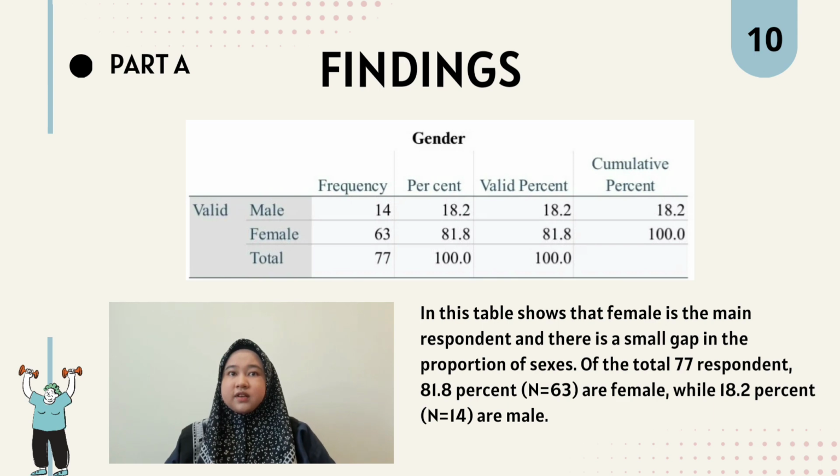Okay, for the next part, the result of findings from the research. I will explain about this chapter. Firstly, this chapter addresses the results of the study examined in chapter 5.